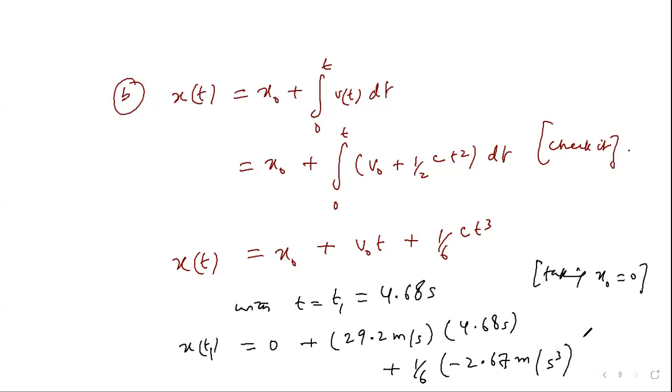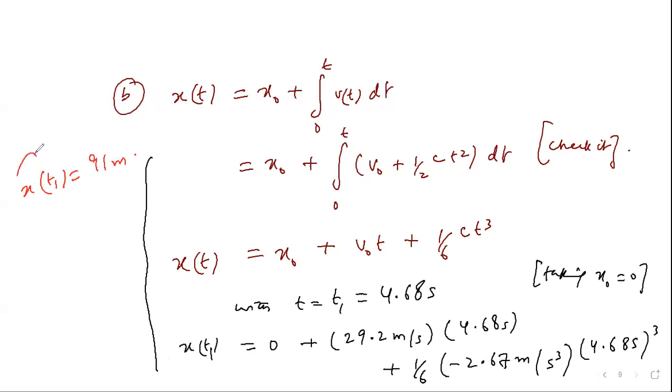Then you have t cube, that's 4.68 second whole cube. When you solve it, and check at your places, you get x of t1 equal to 91 meter. So this is the distance traveled by the car before it stops.